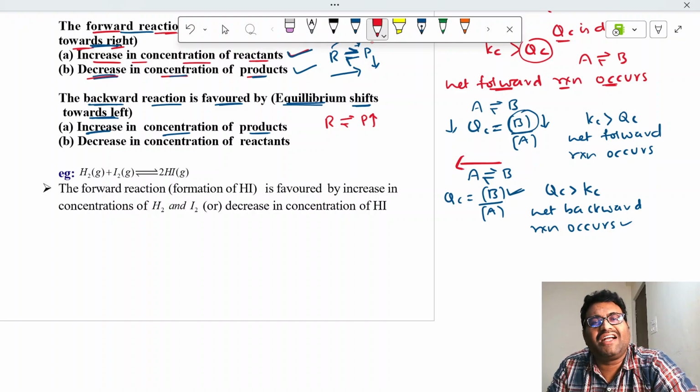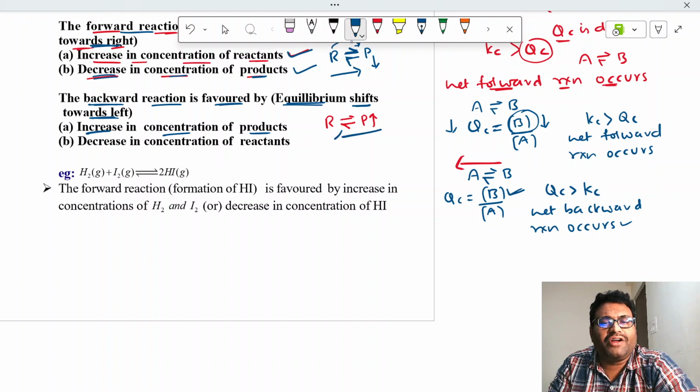To make that change zero, this reversible reaction will behave in such a way to make the change zero. So now you made some change, that means you have added some product. That added product must be decreased. If it has to decrease, what happens? The product must be converted into reactant. So the net backward reaction occurs so that the equilibrium is shifted to left.